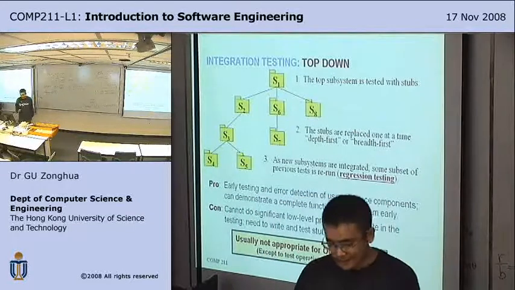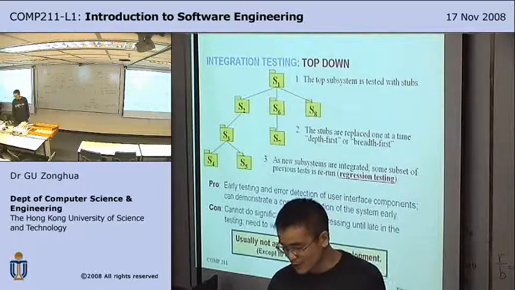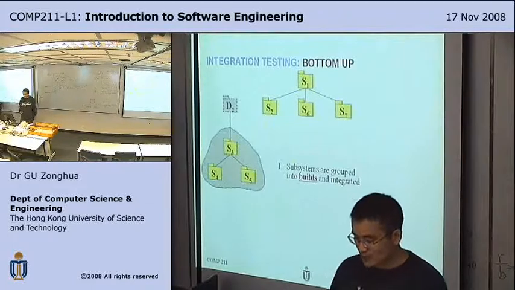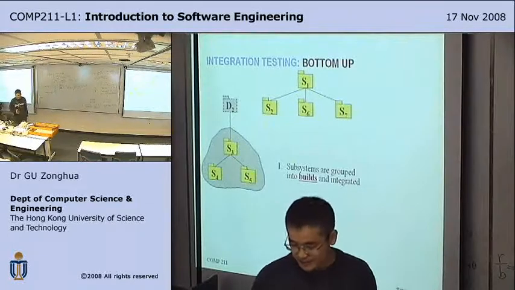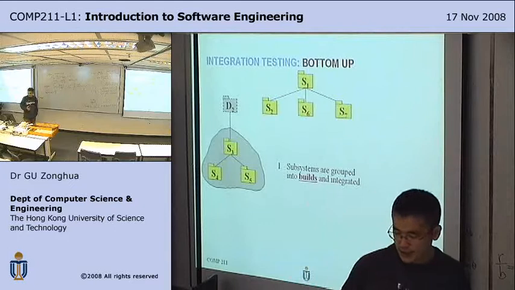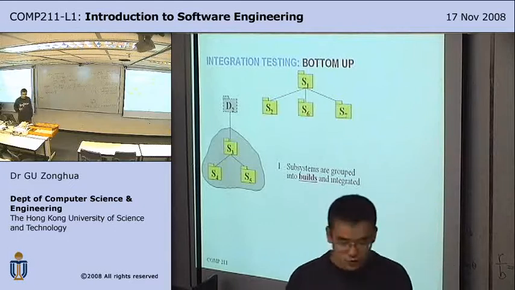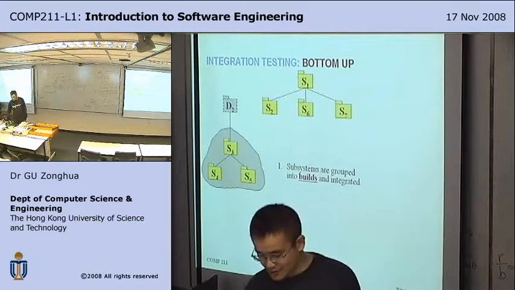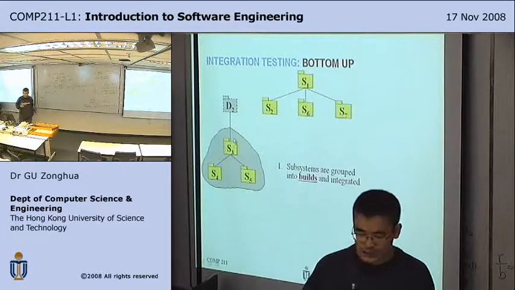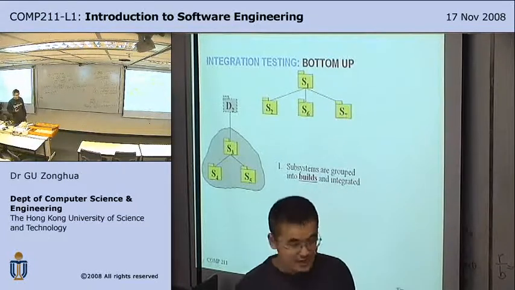So for all development, you typically adopt a bottom-up approach, where you're building the subsystems from the bottom up by writing drivers. So say you're building the S3, S4, and S5 into a single subsystem, and you need to test it.